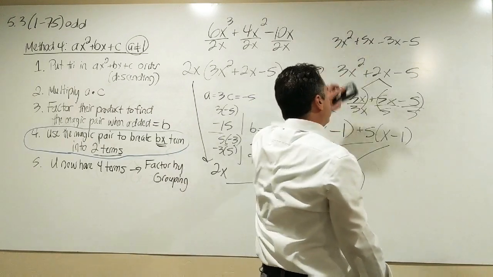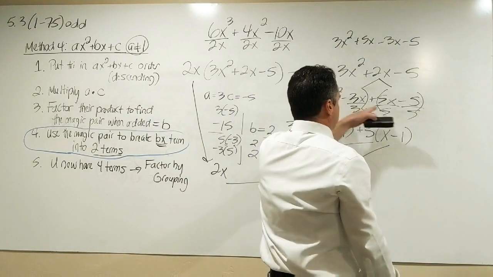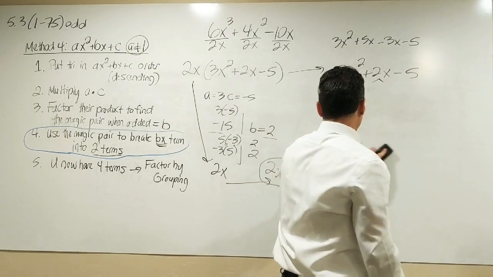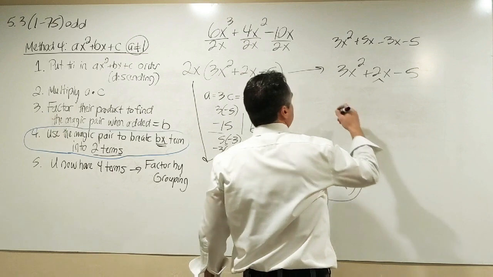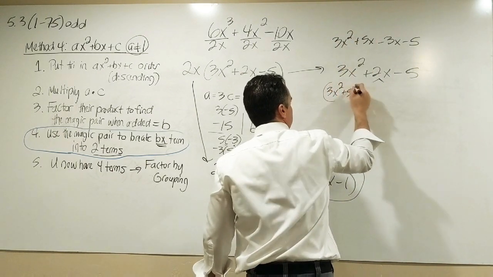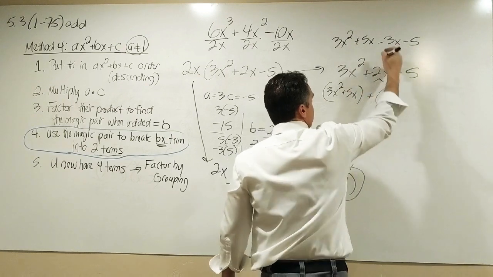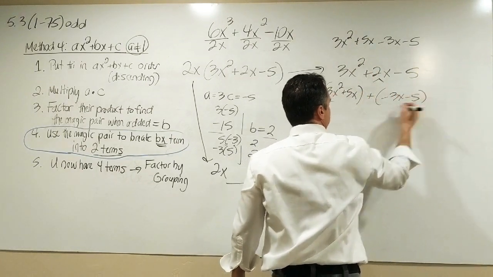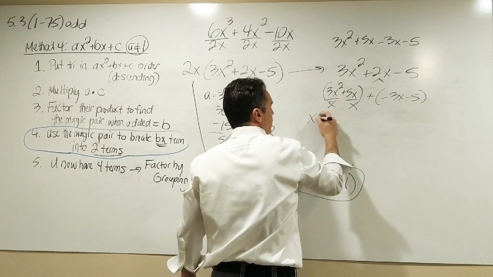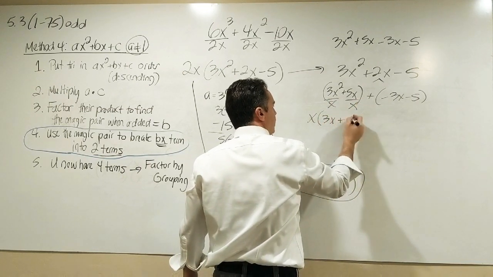Let's go ahead and factor this, just like we did it this way, and see if we get the same answer. If I take 3x squared plus 5x, put it in parentheses, put a plus, negative 3x minus 5, my common factor here is x, so I'll put this over x, put this over x, and I get 3x plus 5.